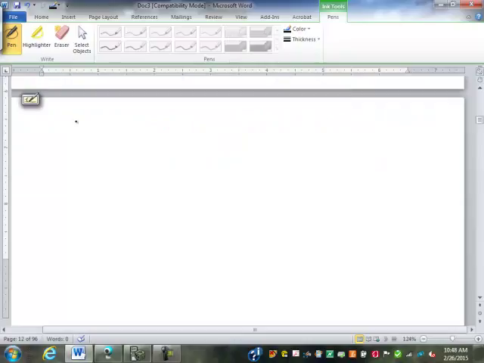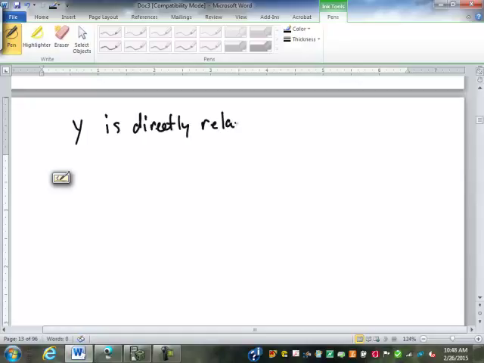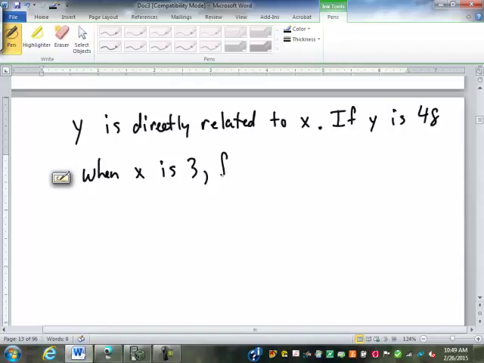Well, the next step. I'll word this one a little bit differently. Y is directly related to X. If Y is 48 when X is 3, find Y when X is 7.